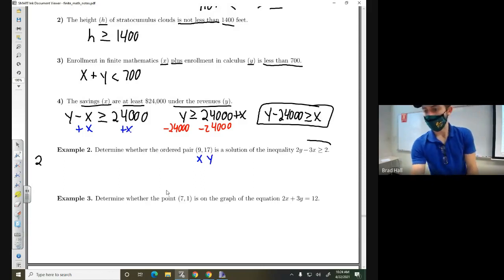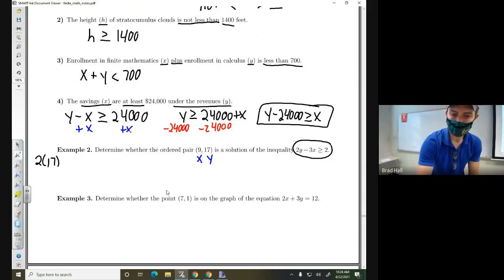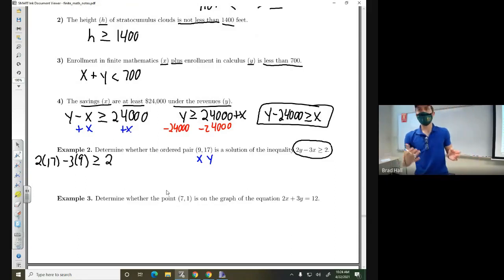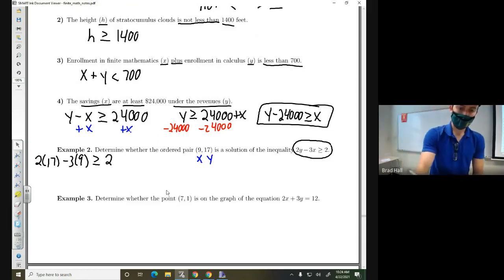So the inequality is all the way over here. The y is 17 minus 3x, and x is 9. And basically, do we get a true statement from this, or do we get a false statement? Well, let's work this out. I believe that this is 7. 2 times 17 is 34. Yeah, that seems about right.